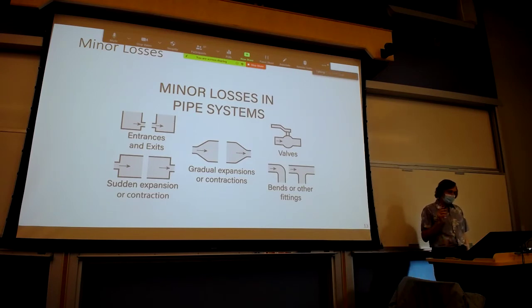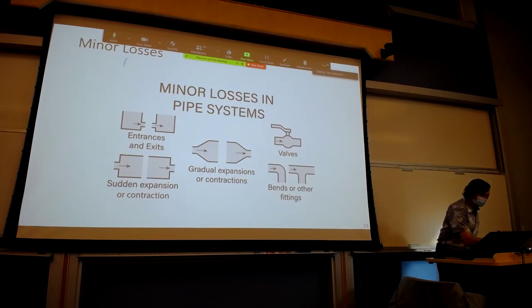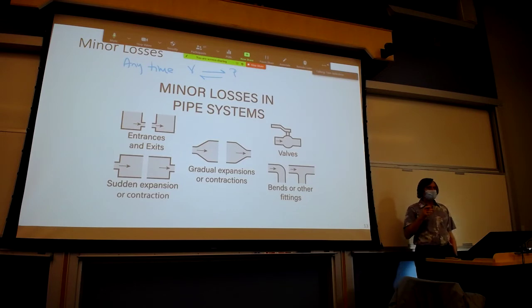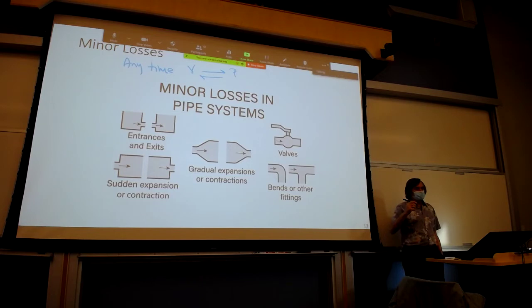So, minor losses. Anytime you are converting velocity to pressure or pressure to velocity, you incur a loss over and above frictional resistance.